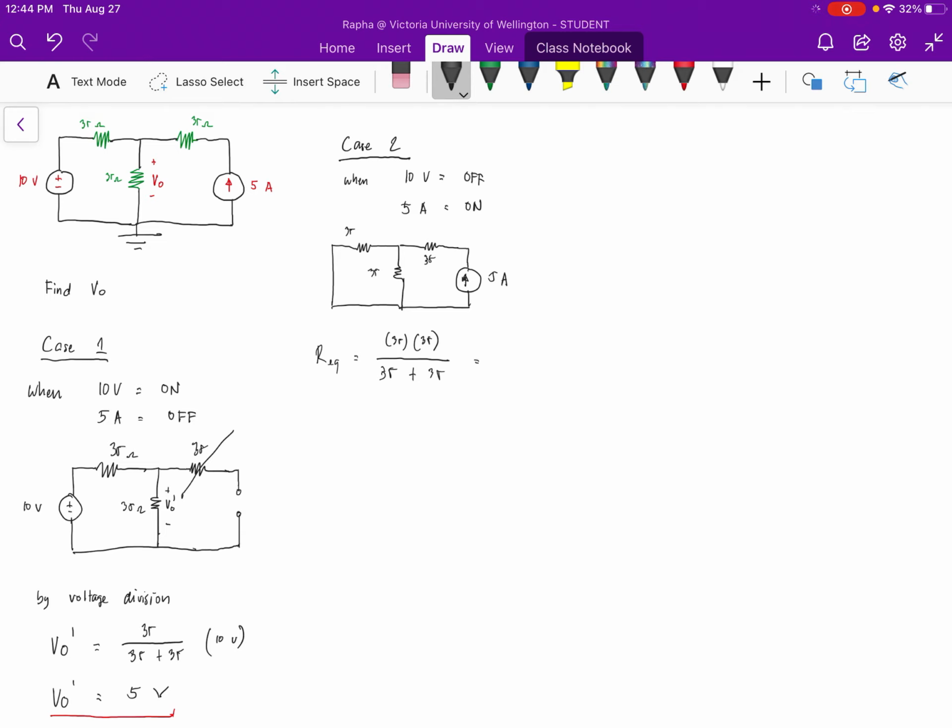So that is equal to 17.5 ohms, or 35 divided by 2. Now solving for the current here, we can solve I by current division.